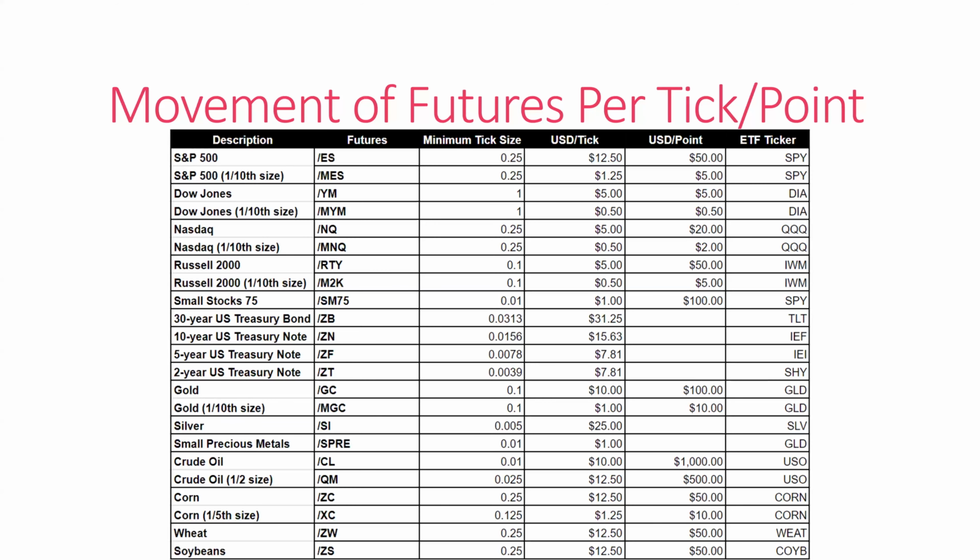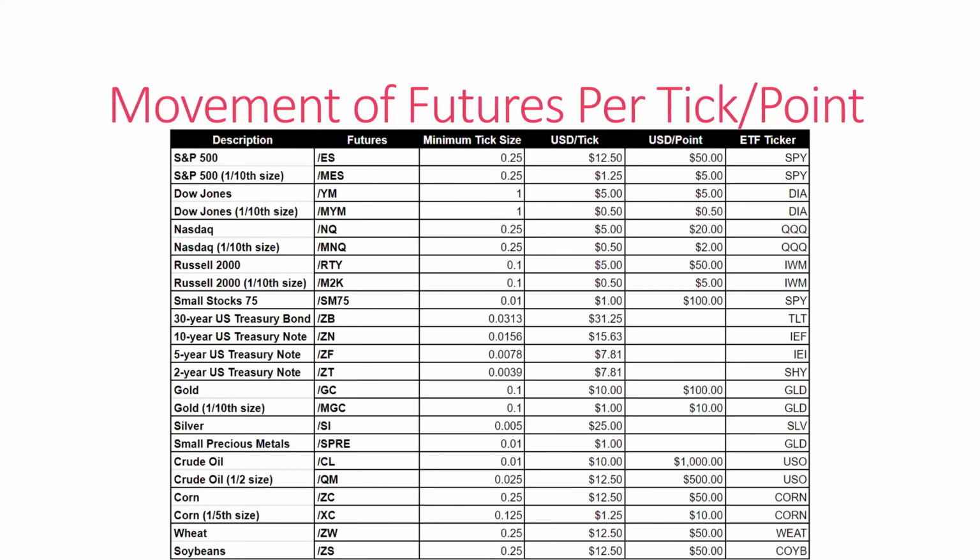All right, this next slide is the movement of futures per tick per point. The most important thing you want to look at on this page is you need to understand exactly what the minimum tick size is for how each ticker moves. For instance, SP 500 moves every 0.25. If you look at NASDAQ, it's also the same.